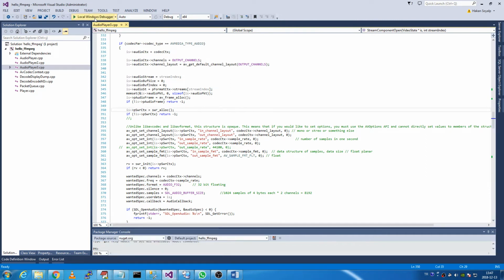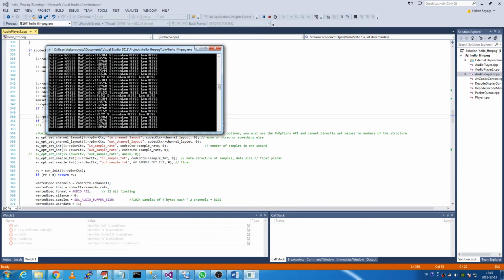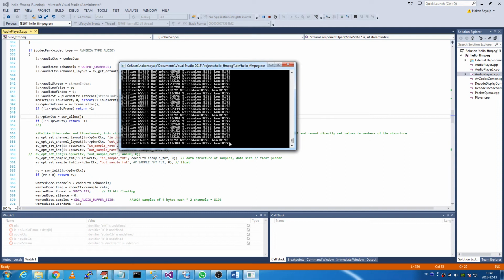Let's remember how much data we have given.